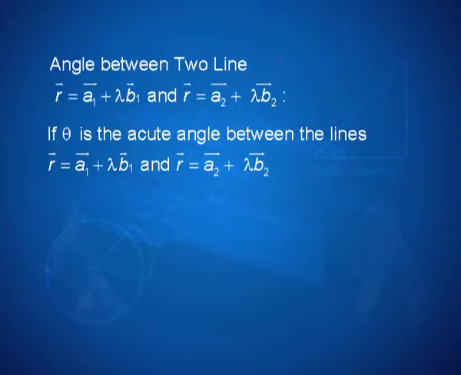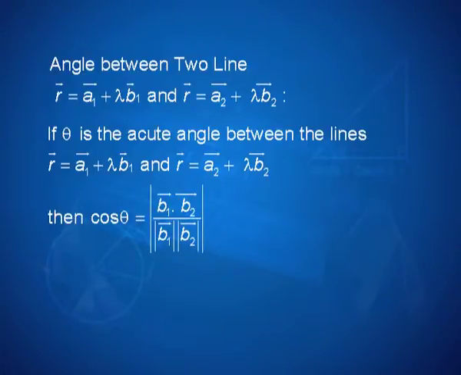So, let us take a look at the result that we have here. If theta is the acute angle between the two lines, then cos theta is the same as the absolute value of B1 dot B2 by magnitude of B1 vector into magnitude of B2 vector.